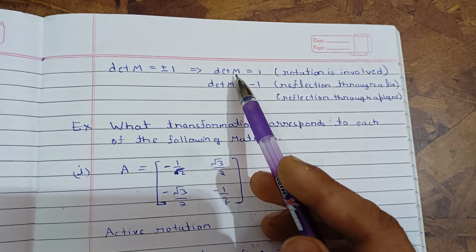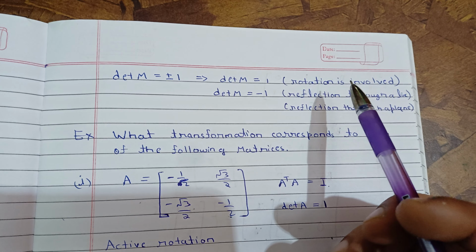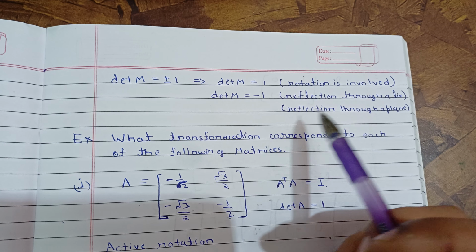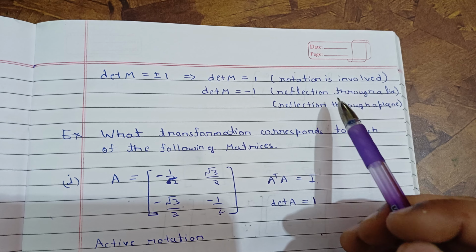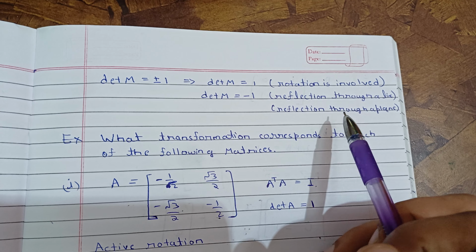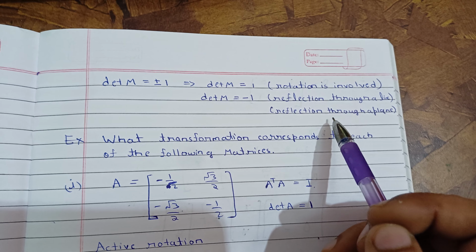So if the determinant of the orthogonal matrix is 1, then we say that rotation is involved. But if the determinant comes out to be minus 1, then we call it reflection through a line in 2D. In 3D, reflection is definitely there, but rotation can also be involved.